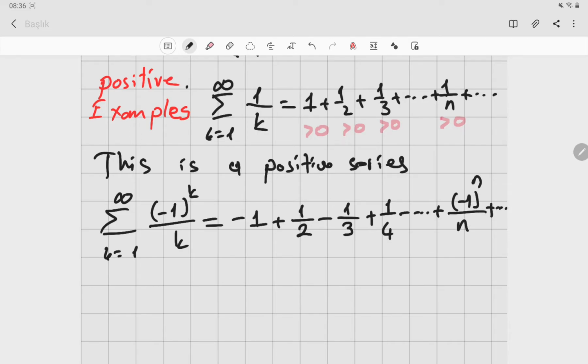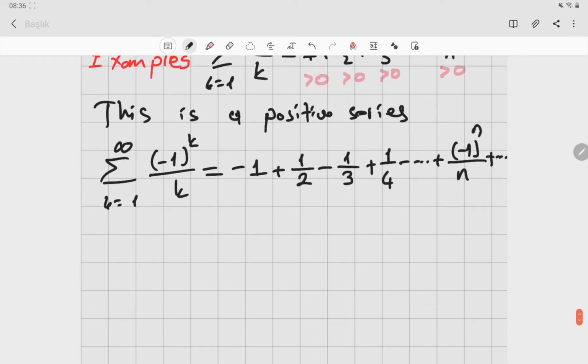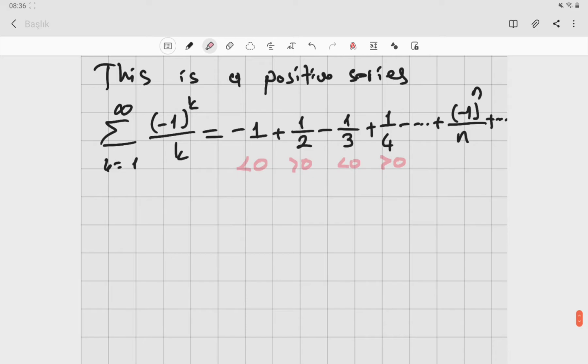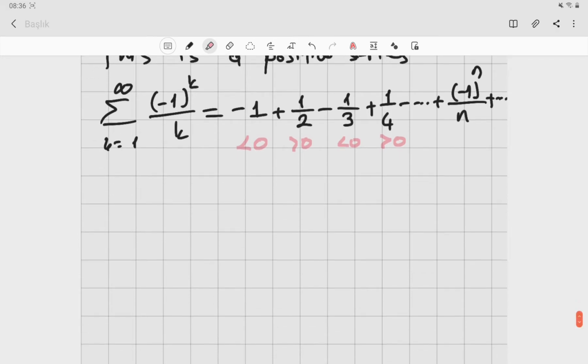Okay, and it's clear that this is not a positive series because one term is negative and one term is positive, so the signs of the terms successively change, and we are going to call this kind of series an alternating series, but not now.